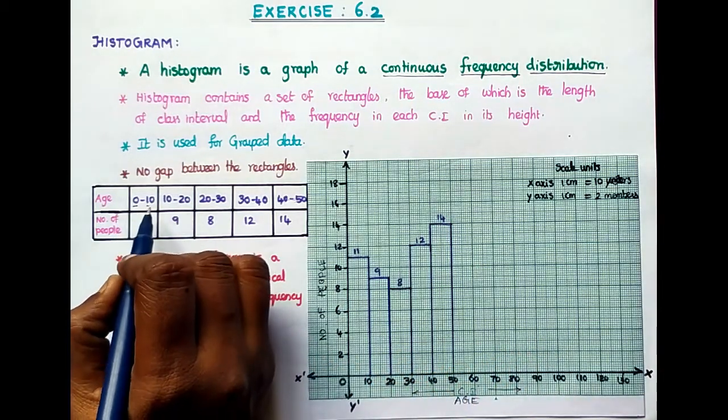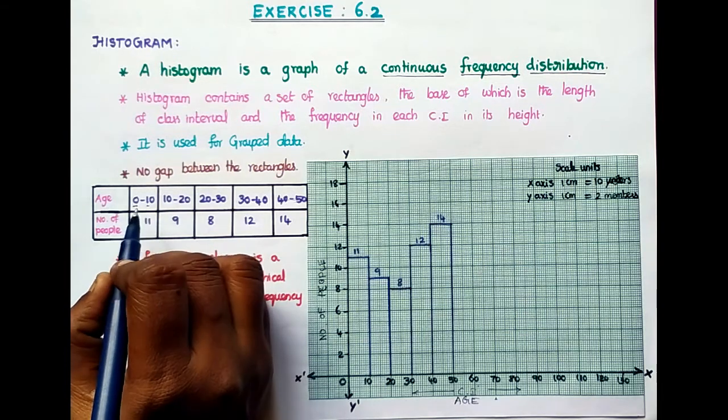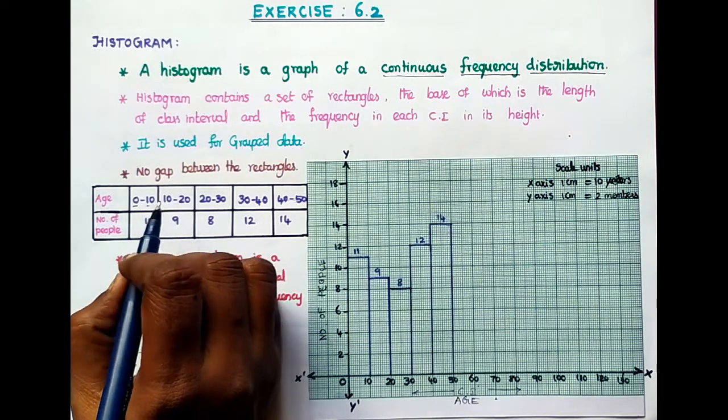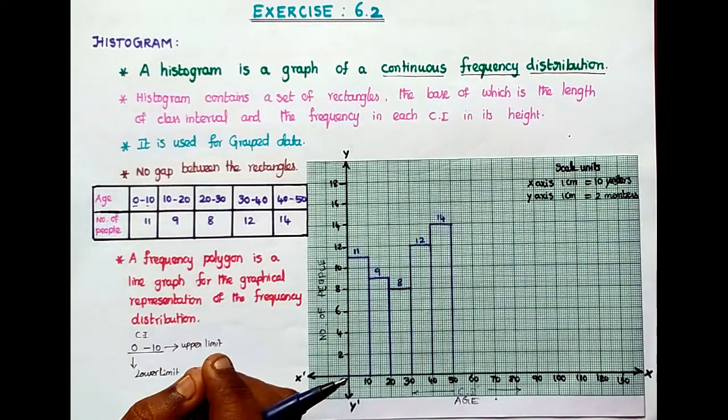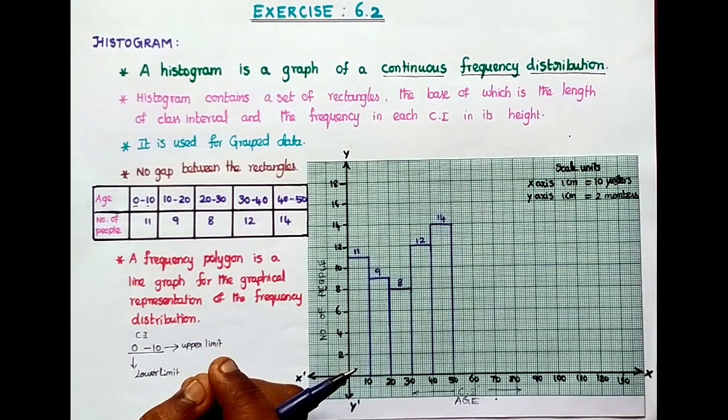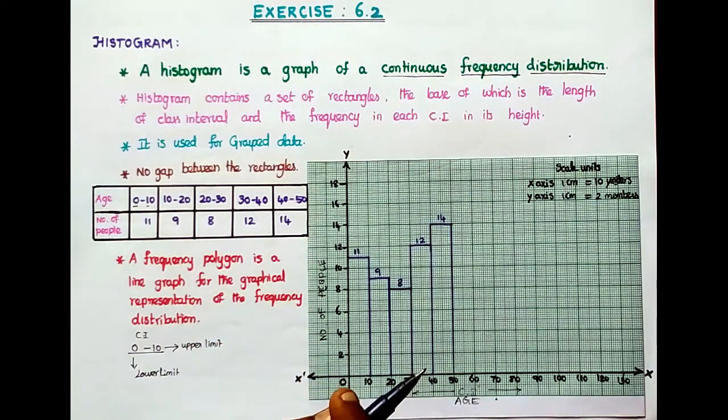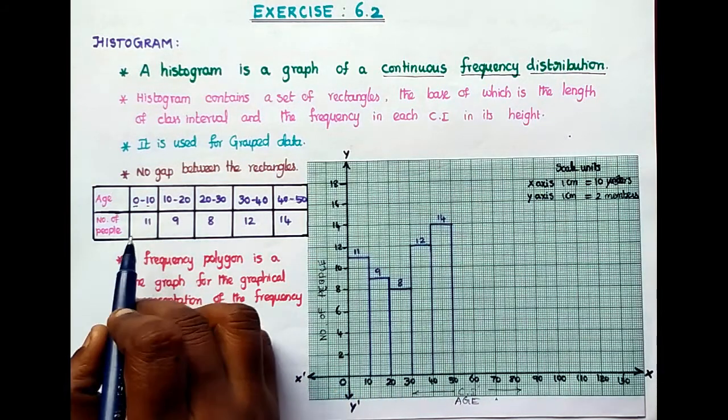So first check whether it is continuous or discontinuous. Discontinuous means we have to convert it into continuous by an adjustment table.